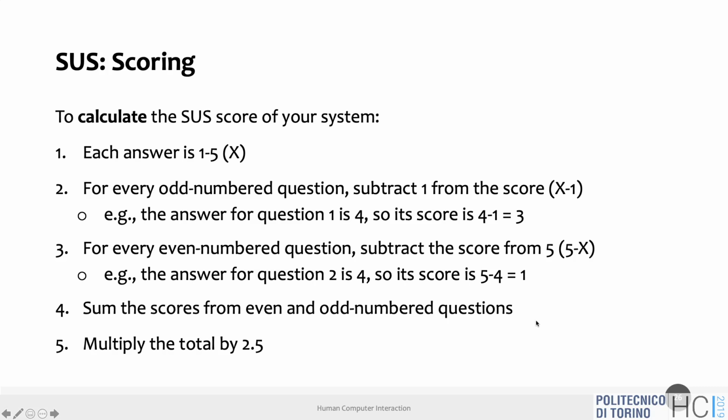Sum everything and multiply the total by 2.5. If you get all strongly agree in the positive answers, and all strongly disagree in the negative questions, you have 100 by applying this score. And this is the default score for the System Usability Scale questionnaire. It was invented in this way. It's not just something that I say to complicate life for people. It's the actual way of scoring.